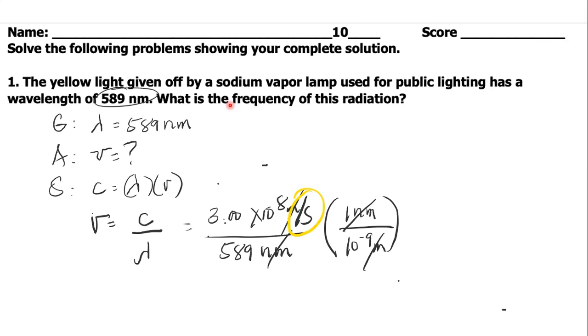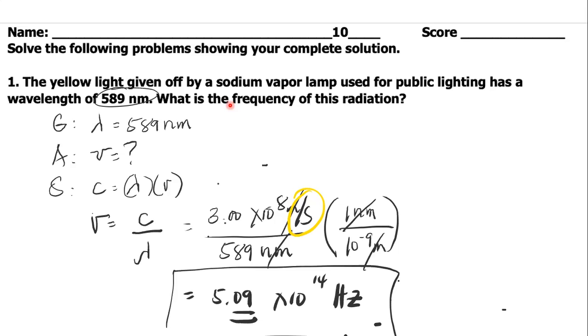That's clear? Therefore, if we calculate this, we will have the value of 5.09 times 10 to the 14th per second, or hertz. Okay, 5.09. We agreed that our final answers should be expressed in 2 decimal points, and that's the time you're going to round off. Box the final answer so that I can easily see it as I check your work.